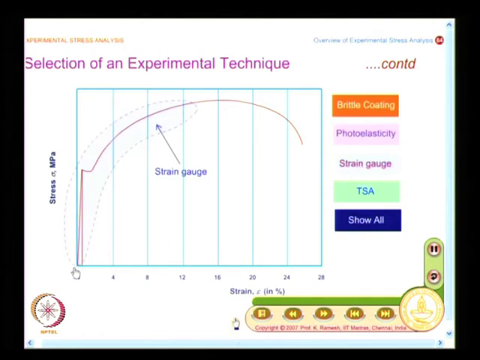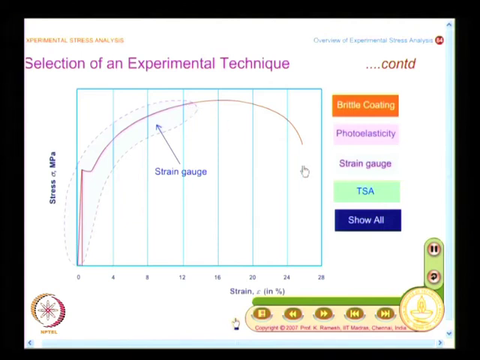That means almost close to 0, and you can also go to the plastic region, about 10-12% of strain you can easily measure with strain gauges. So, you can understand why we say strain gauge is a versatile technique. It has a longer range, I can go from elastic to plastic comfortably.